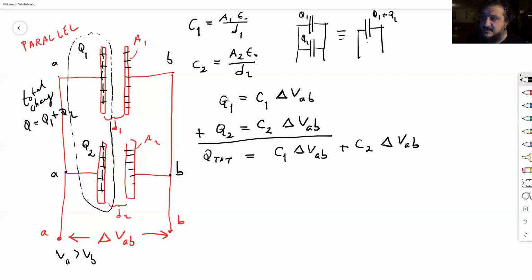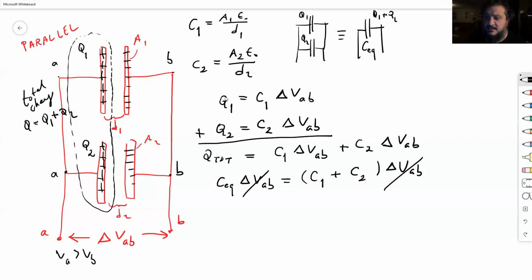the capacitance here will be what we call C equivalent. So the same potential difference times that C equivalent will give me the total charge. That's the left-hand side. The right-hand side is the same. Let me just factor delta VAB out, and those cancel. And I have the formula for the equivalent capacitance of capacitors connected in parallel.